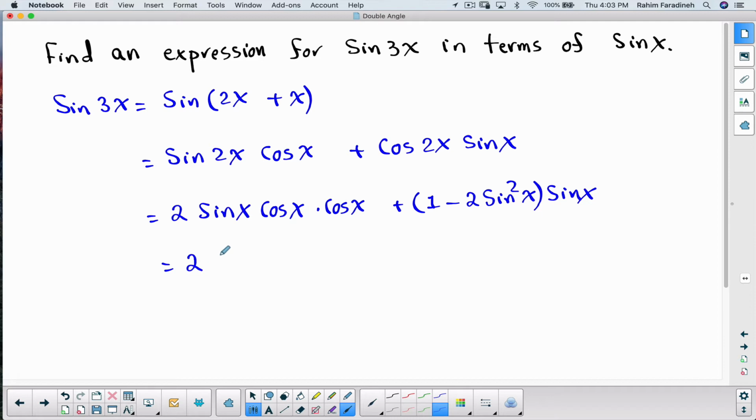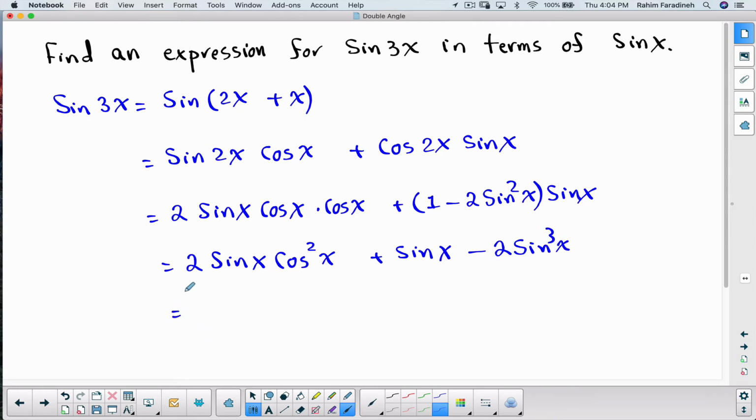A little bit of simplifying, this will be 2 sine x cosine square x. Distribute this, we're going to get sine x minus 2 sine cubed of x.